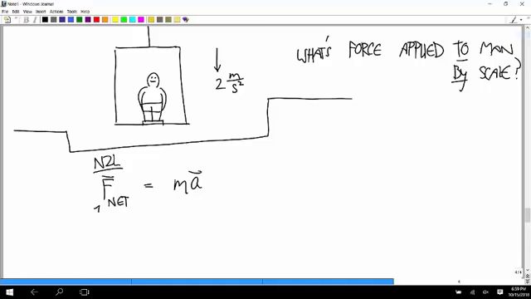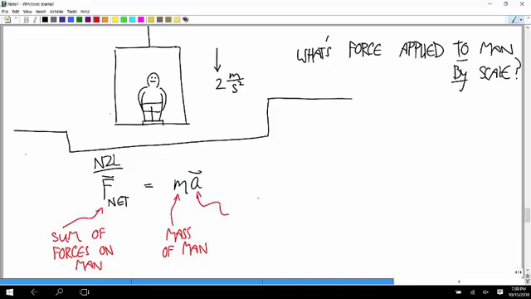F net is the sum of all the force vectors on the man. M is the mass of the man. A is the acceleration of the man.